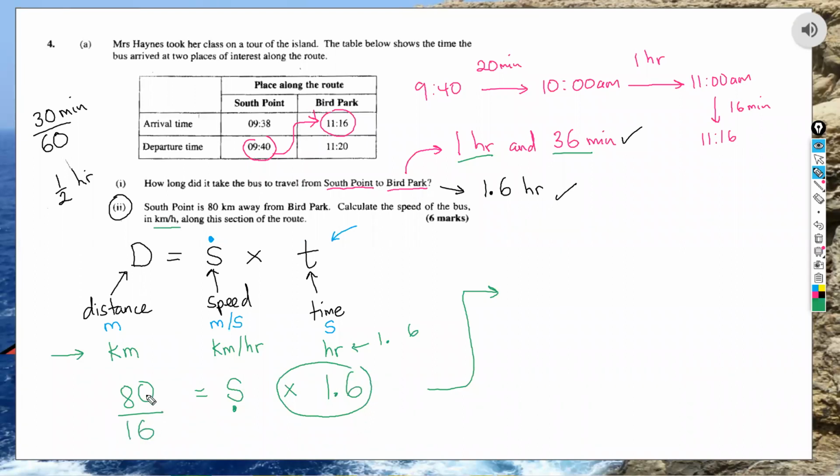A divide. So you end up with 80 divided by 1.6. So the speed is 50 kilometers per hour. Right? So everyone take down the working, whatever you need to.